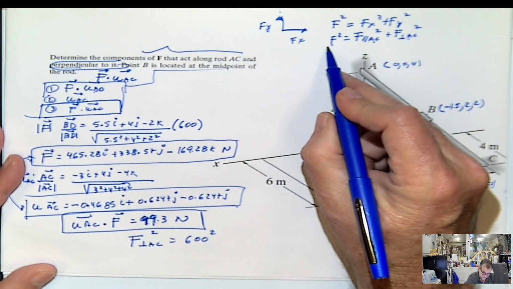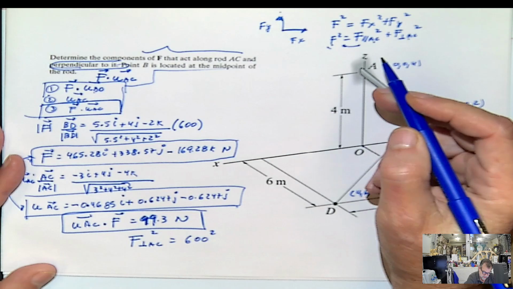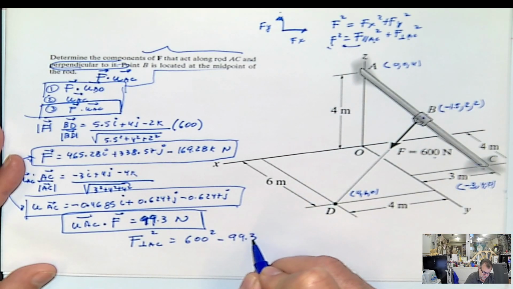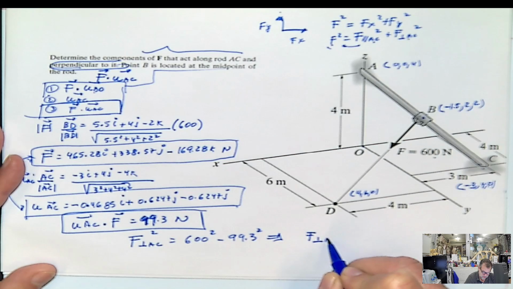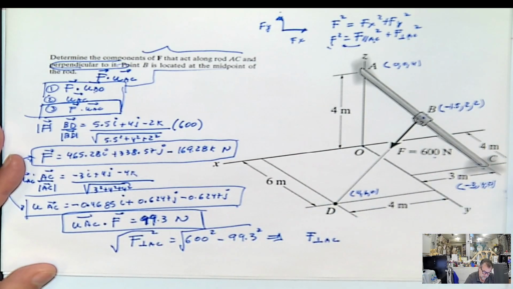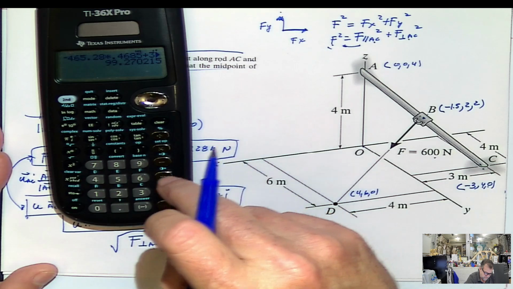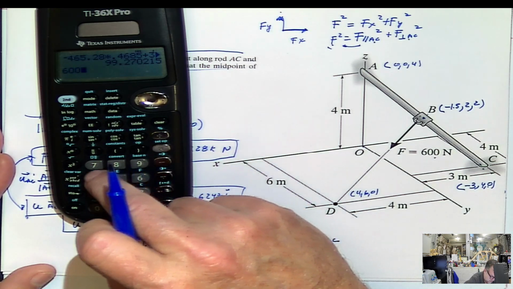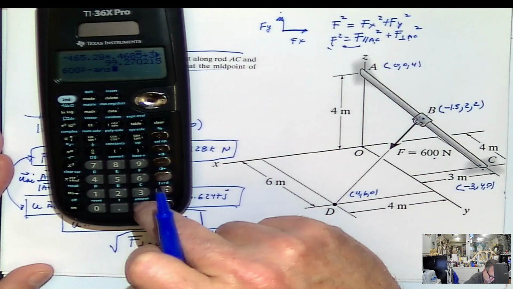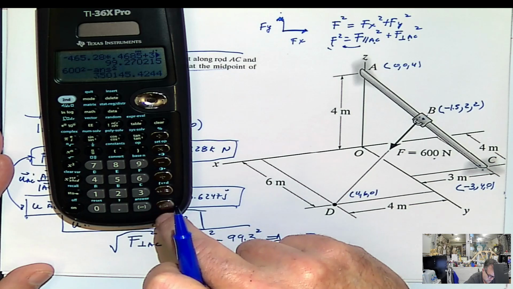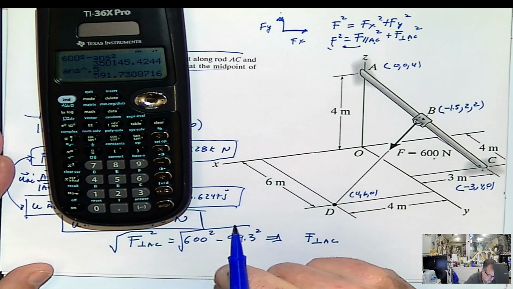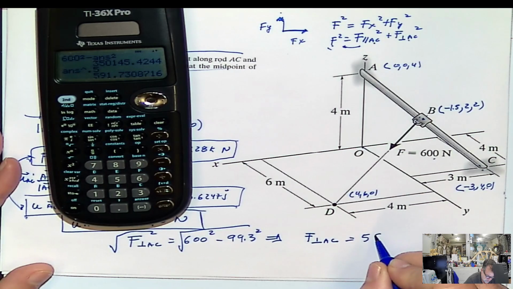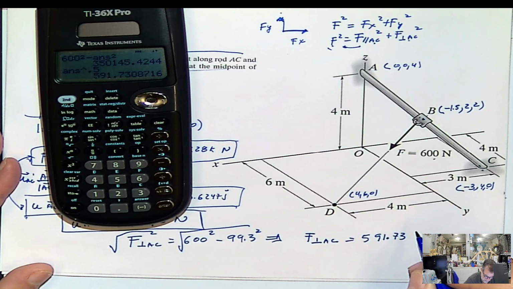and that will be 600 squared minus, when I pass it to the other side, 99.3 squared. This implies the perpendicular force is going to be the square root of this: 600 squared minus the value that we got before squared, and the square root of this is 591.73.